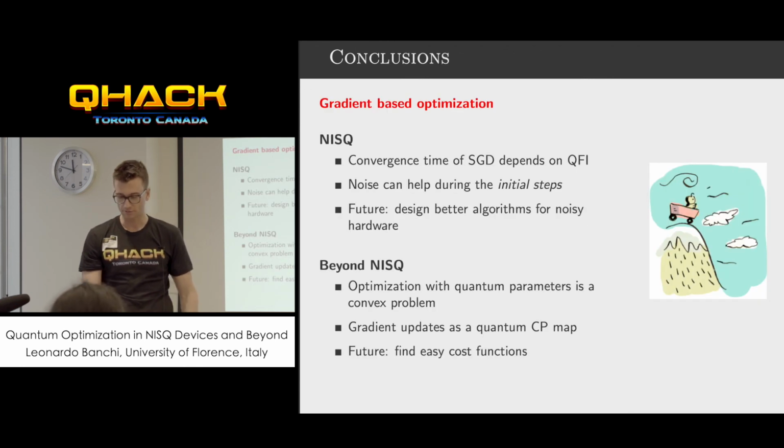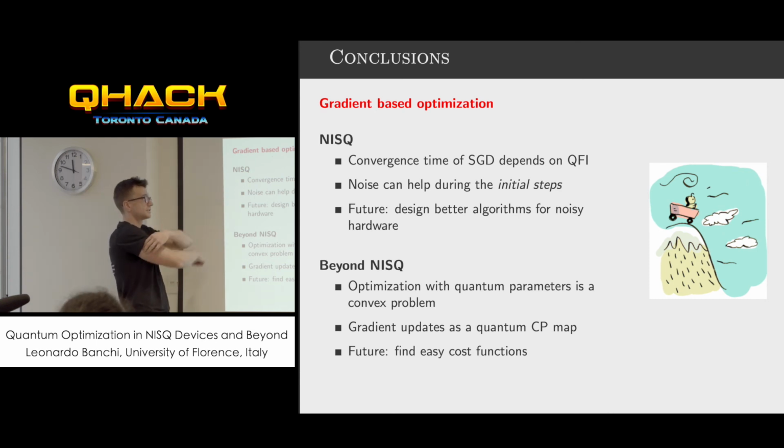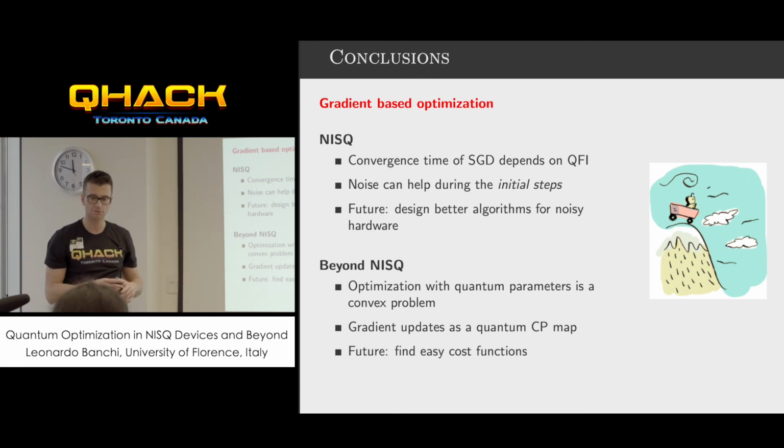And so with this I conclude. I basically discussed NISQ quantum optimization, showing that the convergence time of stochastic gradient descent can be bounded by the quantum Fisher information. Using this bound, you can show that noise can help during the initial steps.